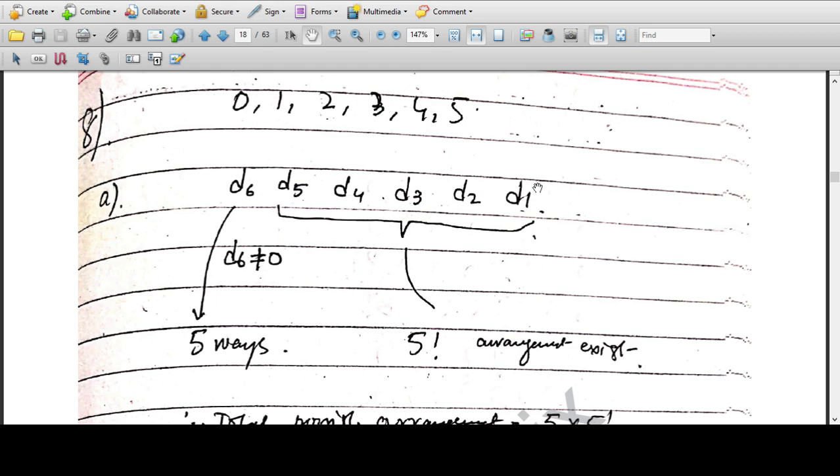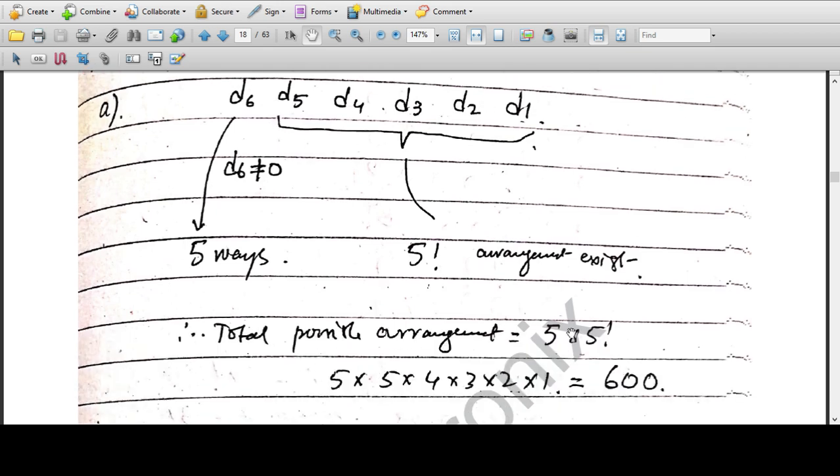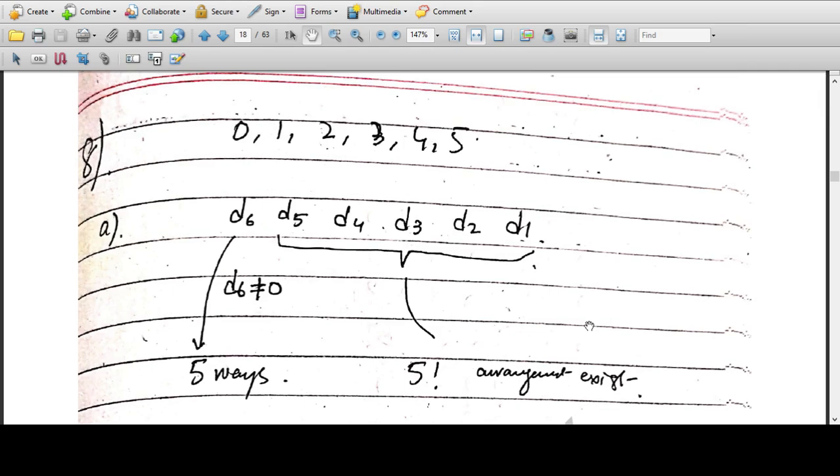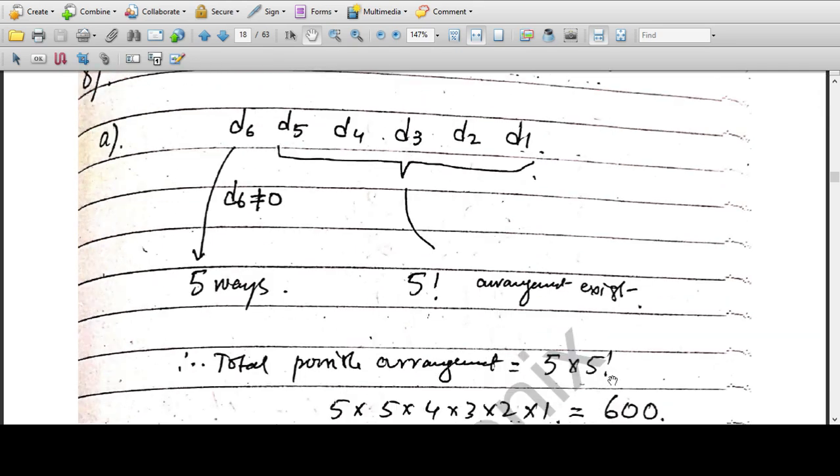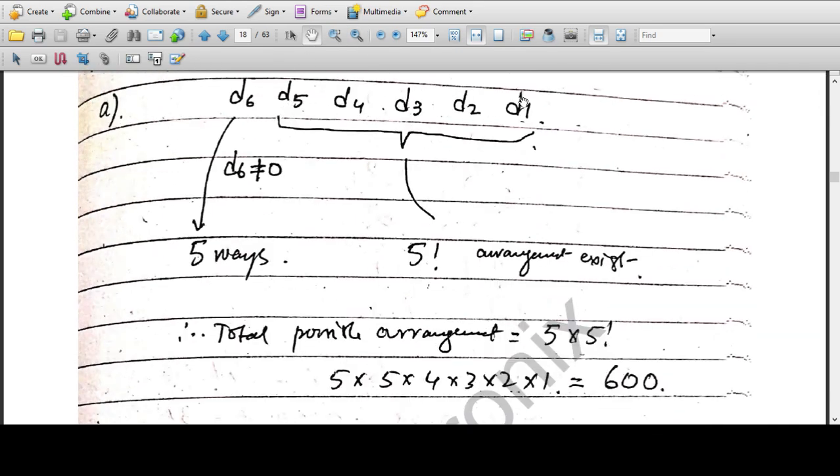So the total possible arrangement is 5 into 5 factorial. Only 1, 2, 3, 4, 5 may be placed here, not 0, while the remaining are placed in 5 factorial ways, because one digit is fixed here.